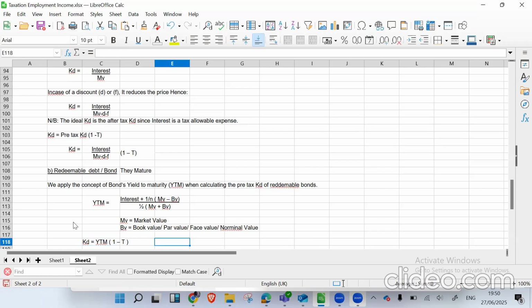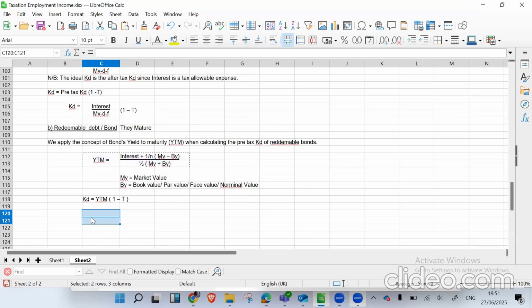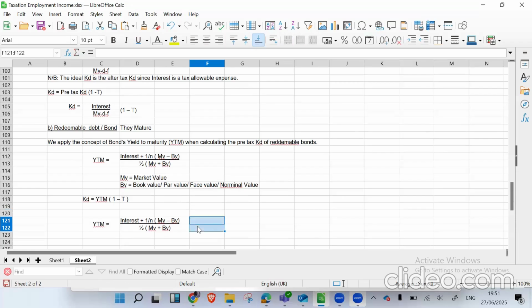If you want the ideal KD, it should be the after tax KD. So our KD is YTM into 1 minus T.